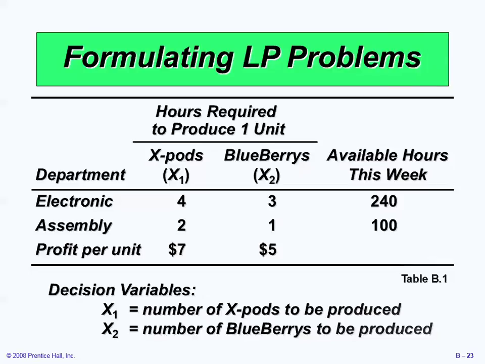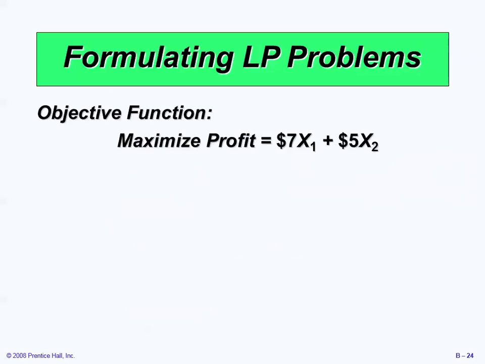And that's what I want to maximize. X-Pods give me $7 each, so 7X1. Blueberries give me $5 each, so 5X2 from there. And we're trying to maximize the total, 7X1 plus 5X2.